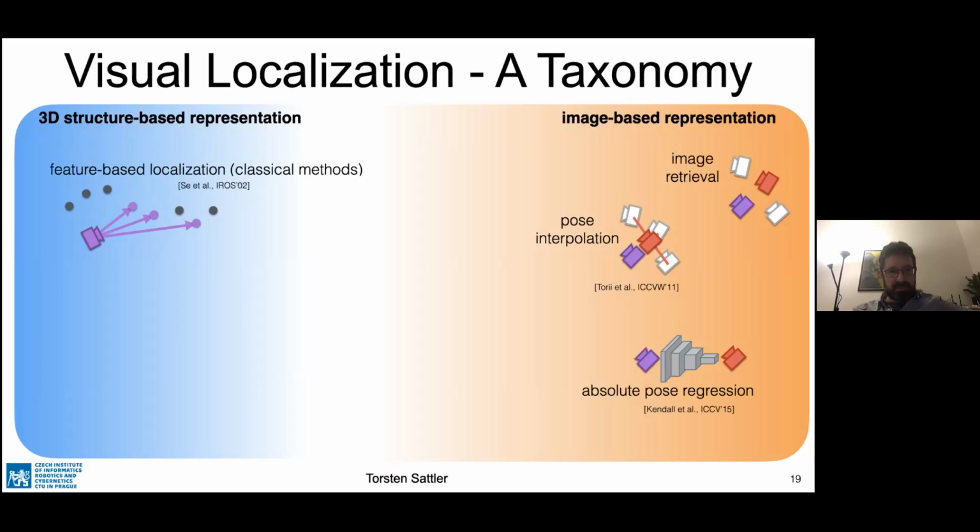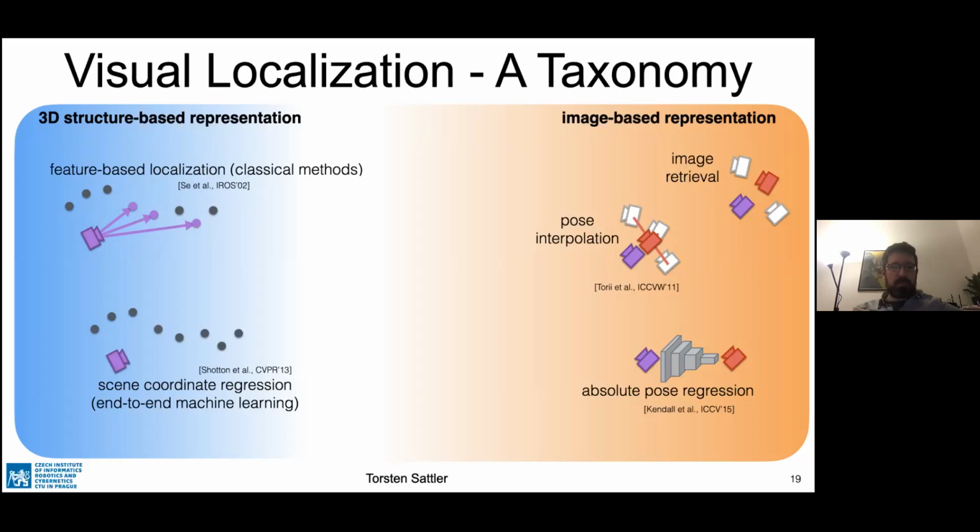I call these classical methods because many of the individual parts are quite old. So the feature descriptors from the 90s, SIFT, for example, and pose estimation strategies go back to the 1700s, which are the first mentions of solvers that allow you to estimate a camera pose from 2D-3D correspondences.